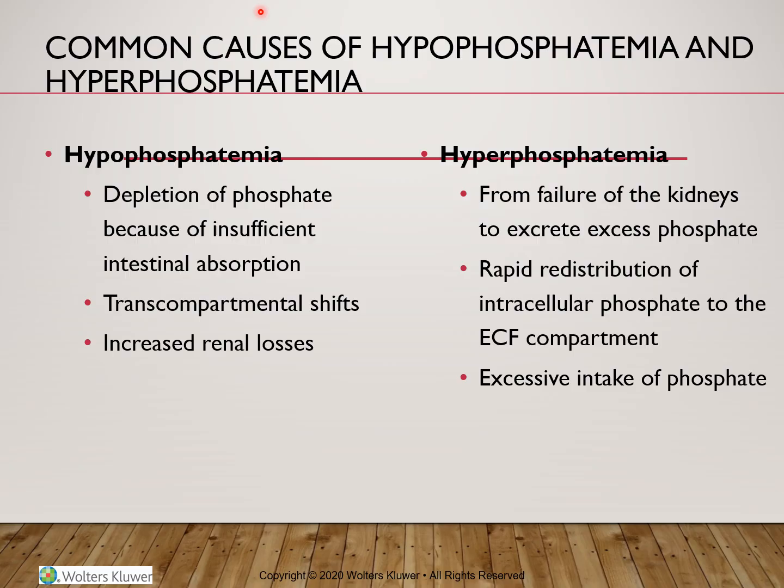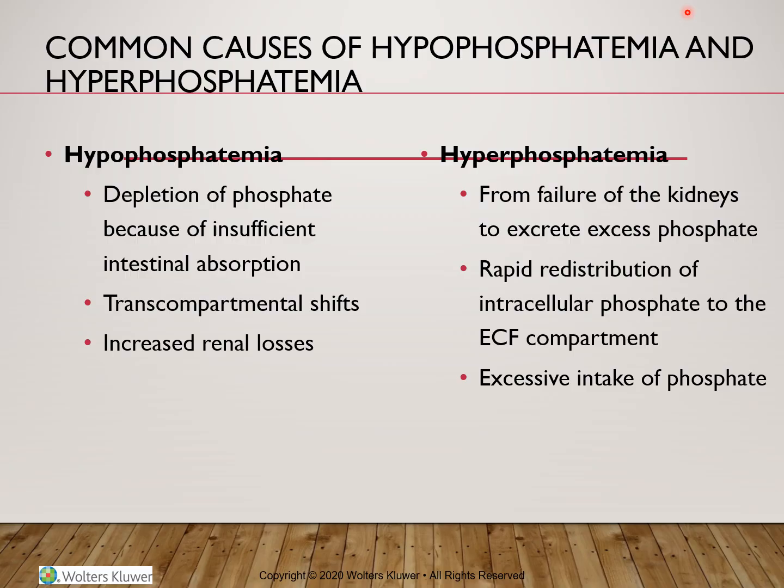Hypophosphatemia is also something we might see in patients who are alcoholics, because alcoholism often leads to poor nutrition. So we see low levels of phosphates. Okay. Hyperphosphatemia often happens in patients with kidney failure, which is the most common reason, and this makes them unable to excrete phosphate in the urine.